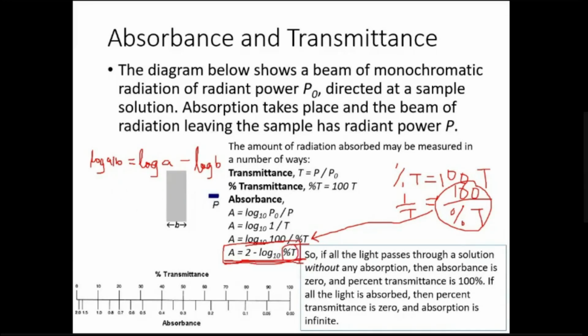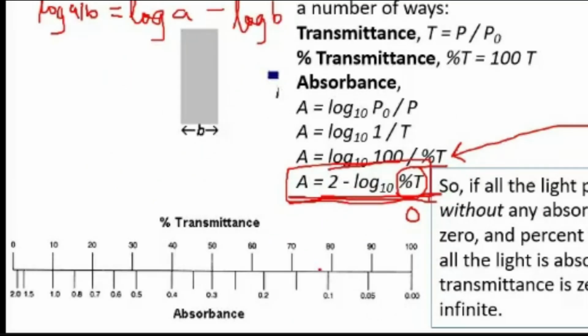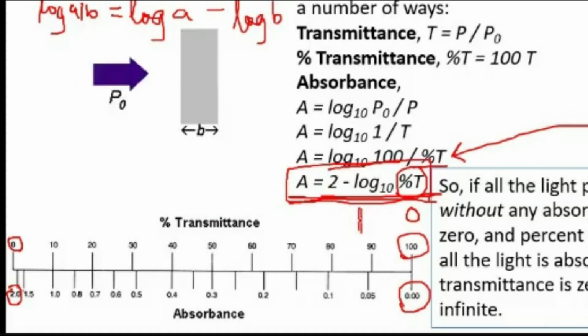Percent transmittance can be maximum 100 and minimum 0. So the absorbance value may range from 0 to 2, and transmittance value will range from 0 to 100. This scale over here is plotted using this formula.